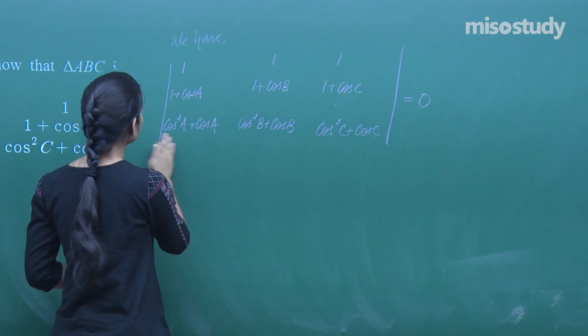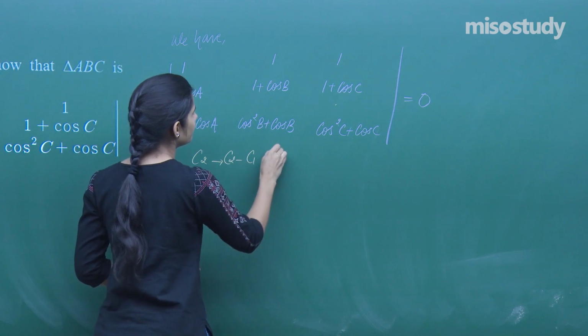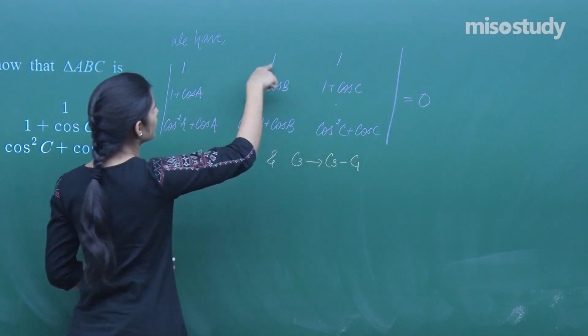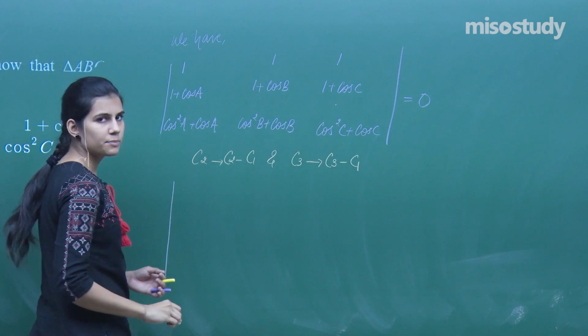Clearly, what you would want to do, column 2 goes to column 2 minus column 1 and column 3 goes to column 3 minus column 1, so that you can get zeros in the next 2 columns and eventually can proceed in a simplified manner.